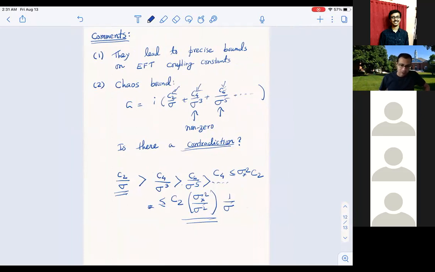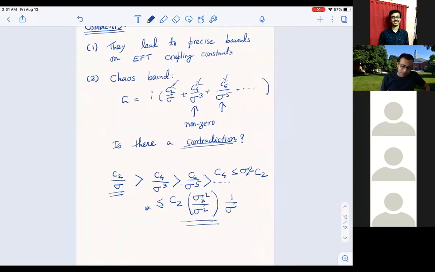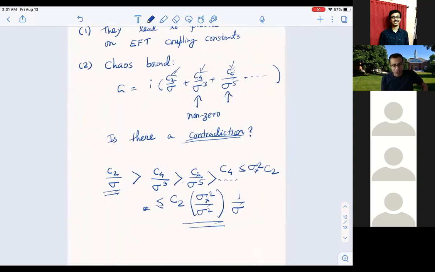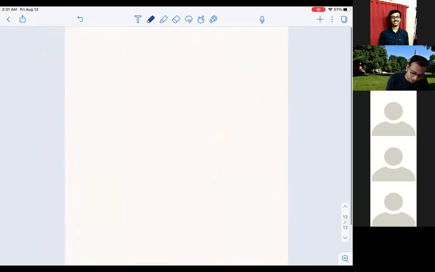I see. So the statement that there cannot be any term that grows faster than 1 over sigma is a wrong interpretation of the chaos bound. The right interpretation, and actually that's the standard interpretation of the chaos bound, is the following. The way you should interpret the chaos bound, it's basically the MSS bound.